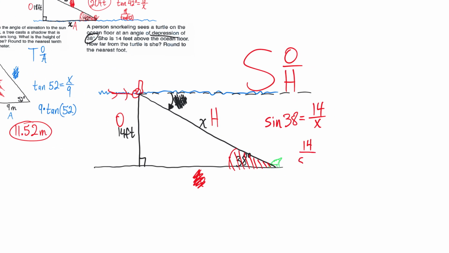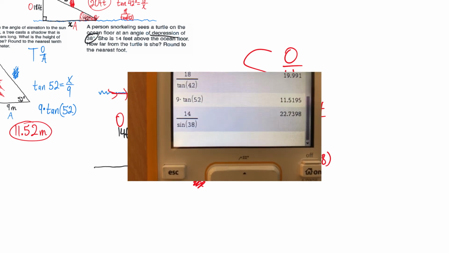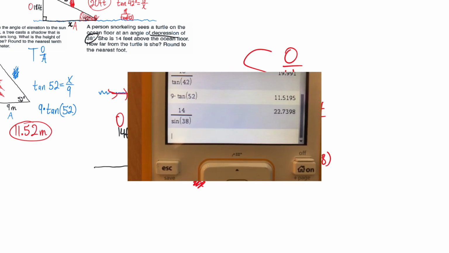So I'm going to go 14 divided by sine of 38. And that's going to give you 22.74.